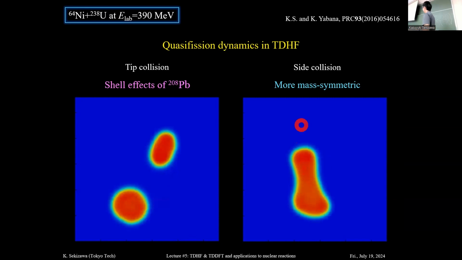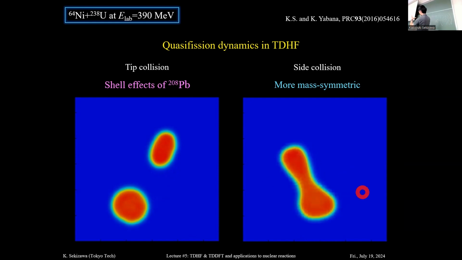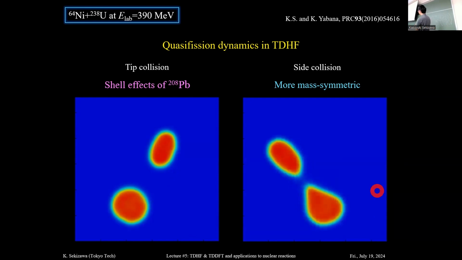But in the side collision, we have a more compact dinuclear system with a thicker neck, and two nuclei are connected to each other for a longer period, and then it splits into two. So those are typical quasi-fission processes.